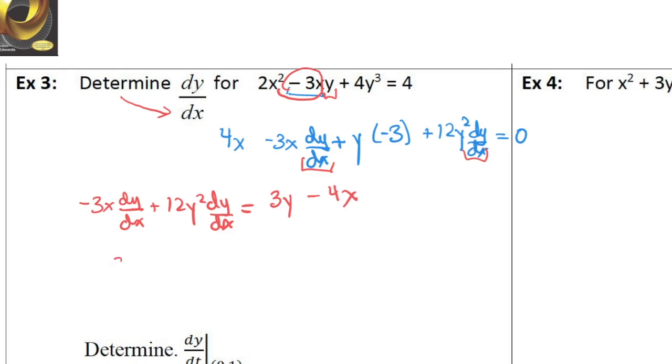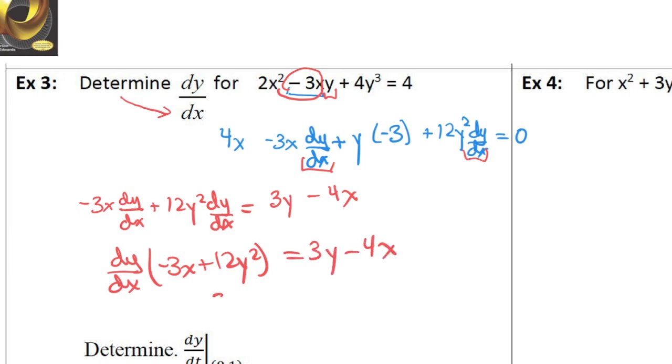After that, we're going to factor out dy/dx. Get those algebra skills in place. You have your negative 3x plus 12y squared equals your 3y minus 4x. Do a little division. dy/dx is equal to your 3y minus 4x over negative 3x plus 12y squared.